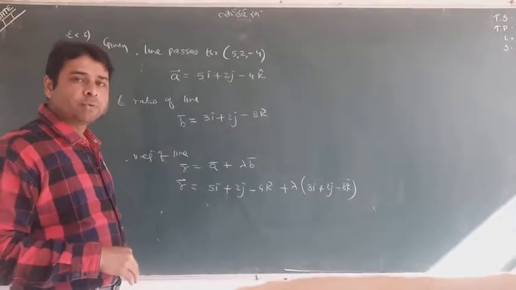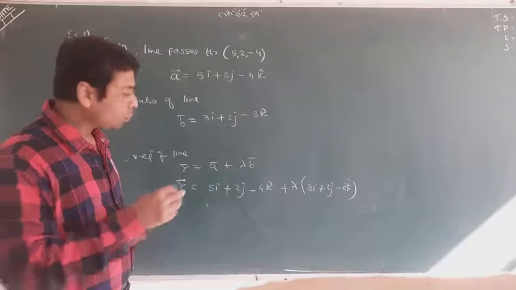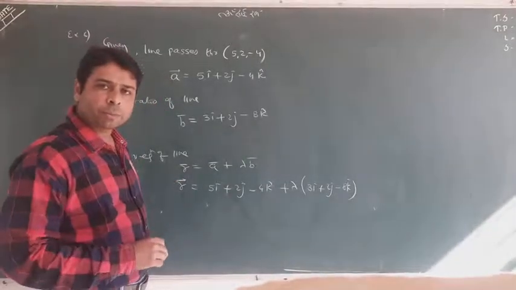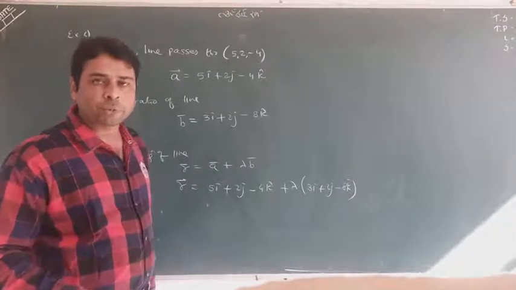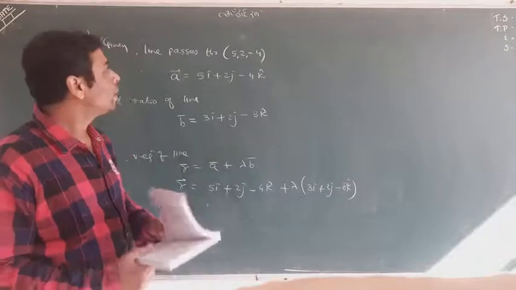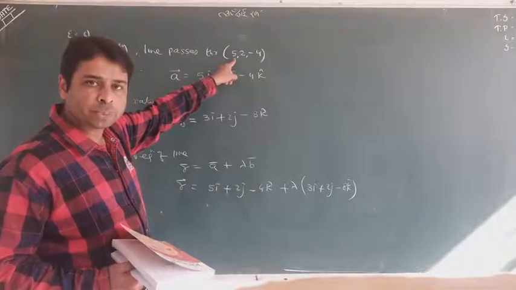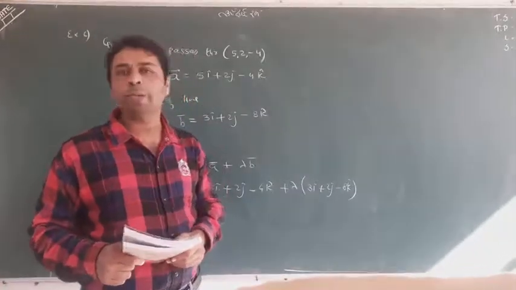Now next we want to find the Cartesian equation. So one thing I would say, you can convert this equation into the Cartesian form, or you can directly write the Cartesian form. How we can write the Cartesian form directly? Line passes from this point. So what is Cartesian form? x minus x1 upon a equal to y minus y1 upon b equal to z minus z1 upon c.